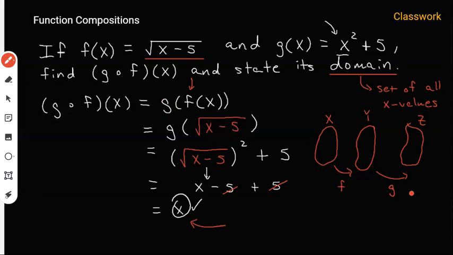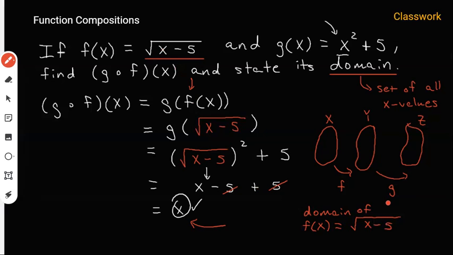So when you look at the domain of a composite function, you have to look at what x values you can put into the first function, which is the square root of x minus 5. So what's the domain of f of x, where f of x is equal to the square root of x minus 5?